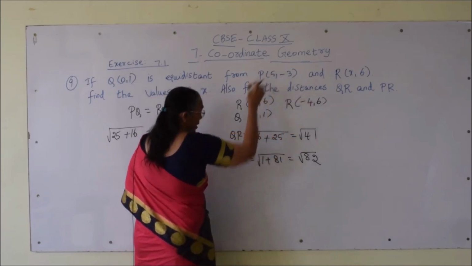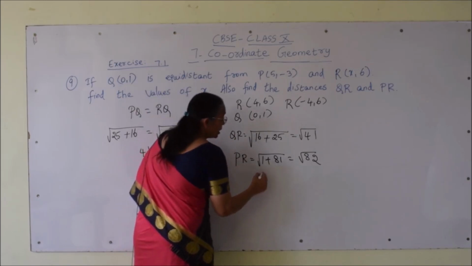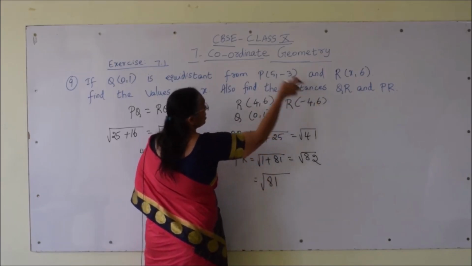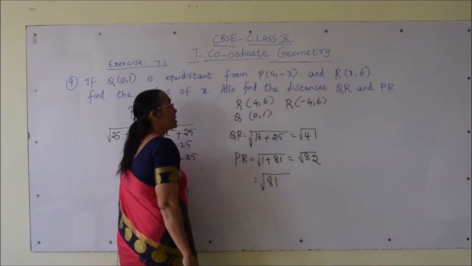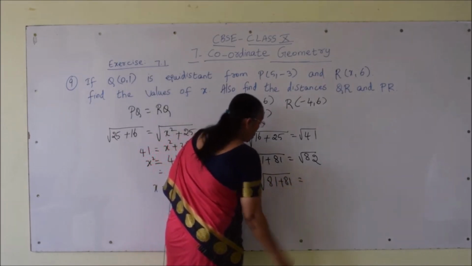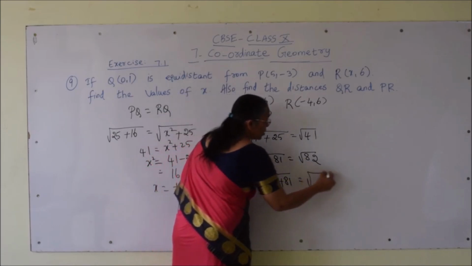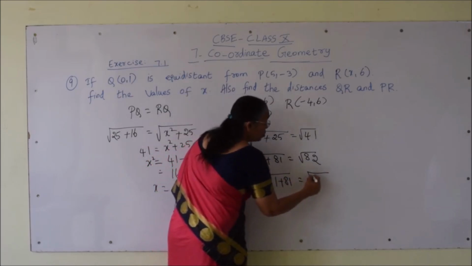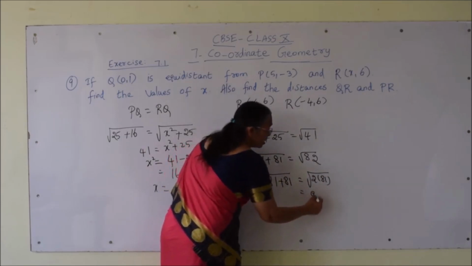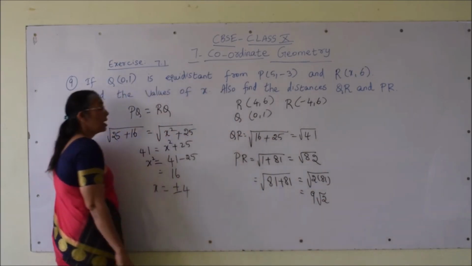(Minus 4 minus 5) whole square is minus 9 whole square, which is 81, and 6 minus of minus 3 is 6 plus 3, 9 squared, again 81. So, root over 81 plus 81, which is 2 times 81. Now, 81 can be taken outside as 9. So, 9 root 2 is the other distance PR.